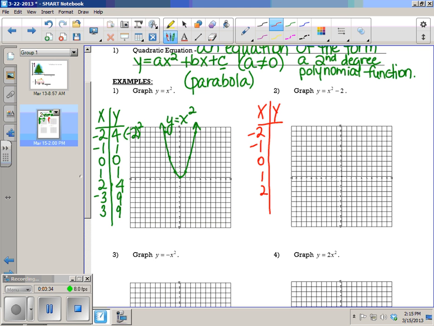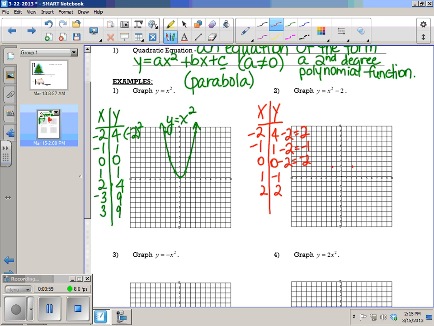So I'm going to square the value for x, and then I'm going to take away 2. So I have 4 minus 2, which is 2. I have 1 minus 2, which is -1. 0 minus 2 is -2. 1 minus 2 again, and 2 squared is 4, 4 minus 2 being 2.